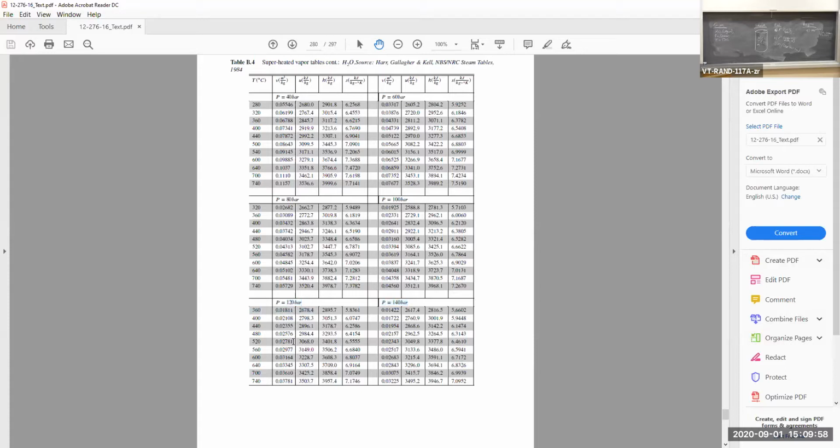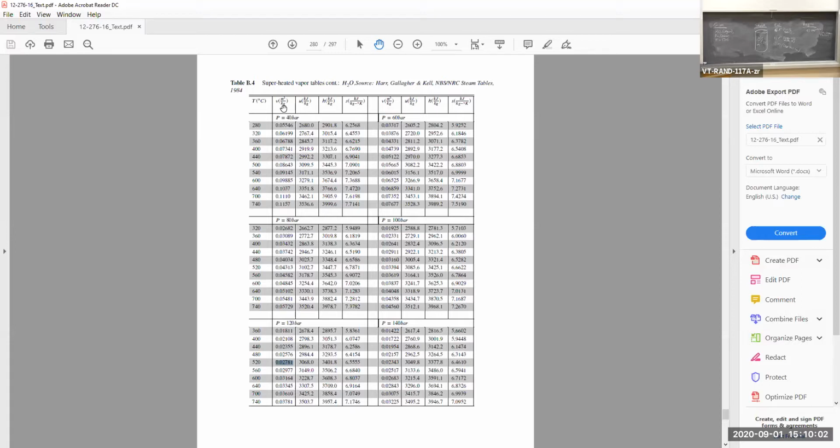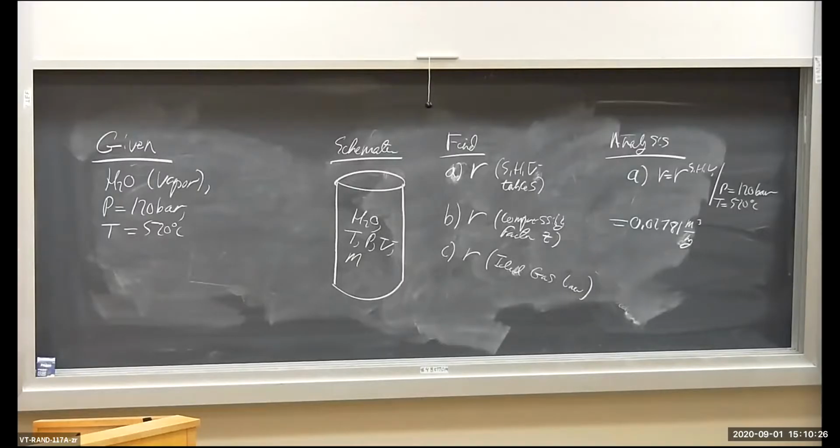The specific volume with units of cubic meter per kilogram is 0.02781 cubic meters per kilogram.